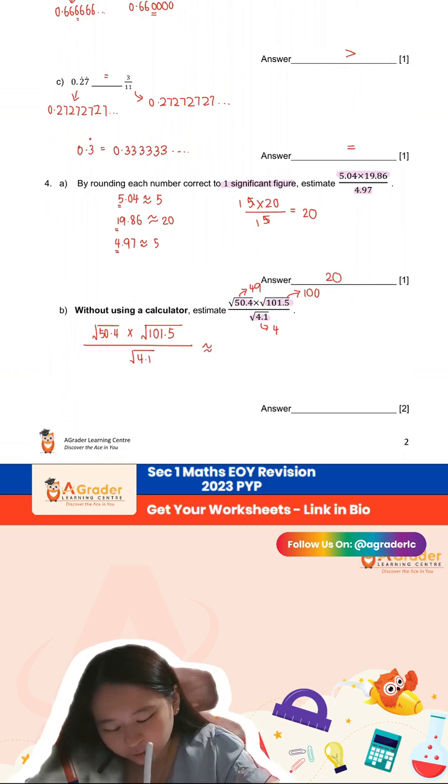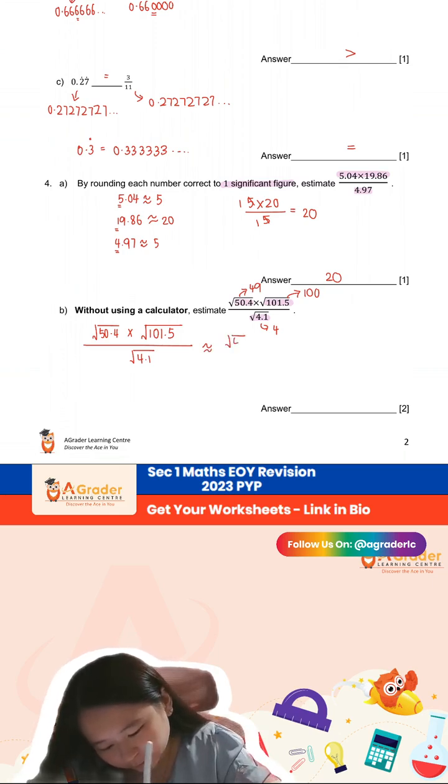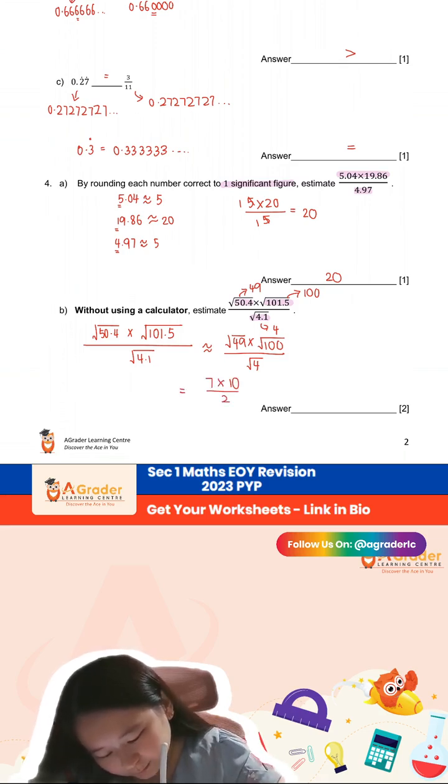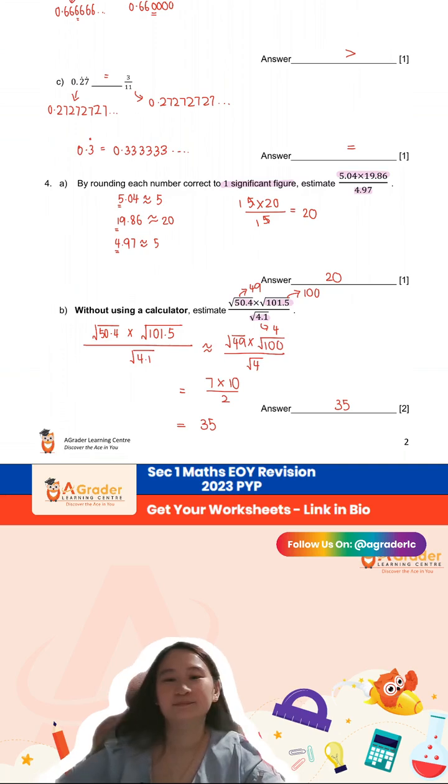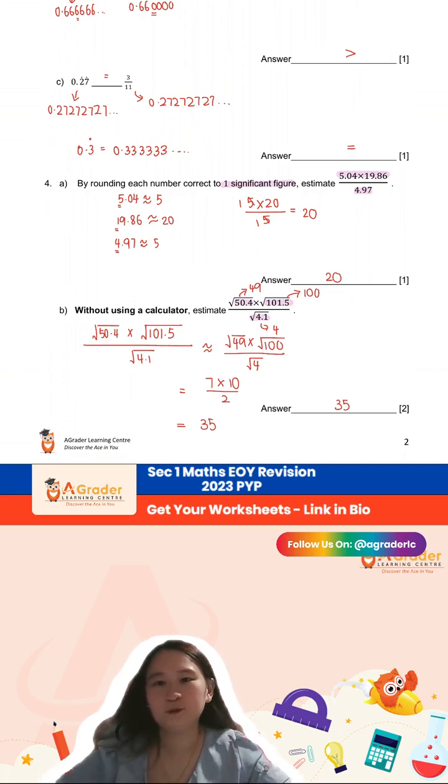So when I round off, I will have square root of 49 times square root of 100 divided by square root of 4. I'll get 7 times 10 divided by 2. You get 35 here. Yep, good job.